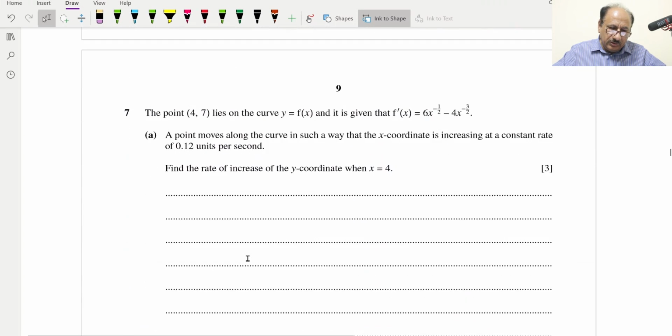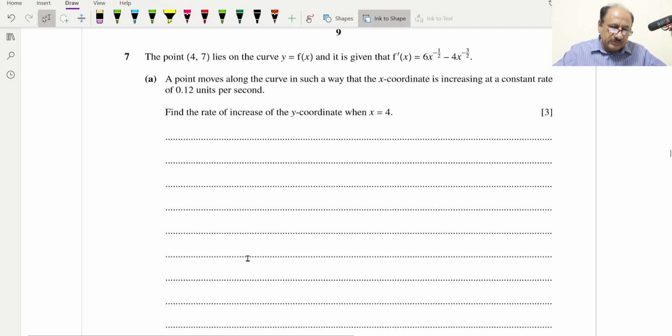Now we can move to the next question, question number 7, which says the point 4 and 7 lies on the curve y is equal to f of x, and it is given that f dash of x is equal to this one. A point moves along the curve in such a way that the x coordinate is increasing at a constant rate of 0.12 units per second.